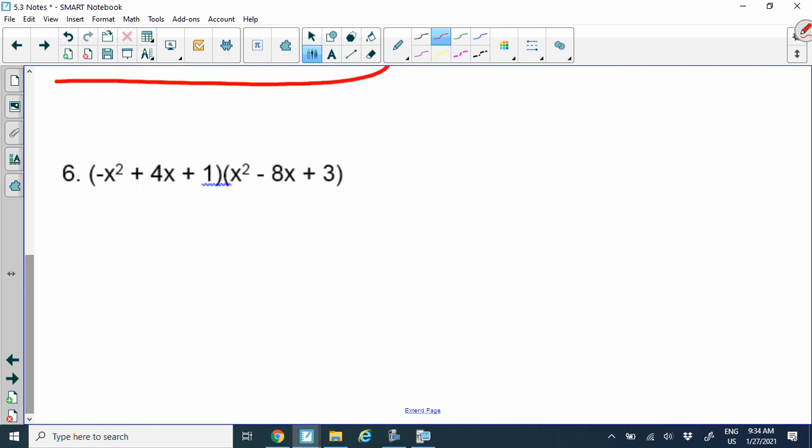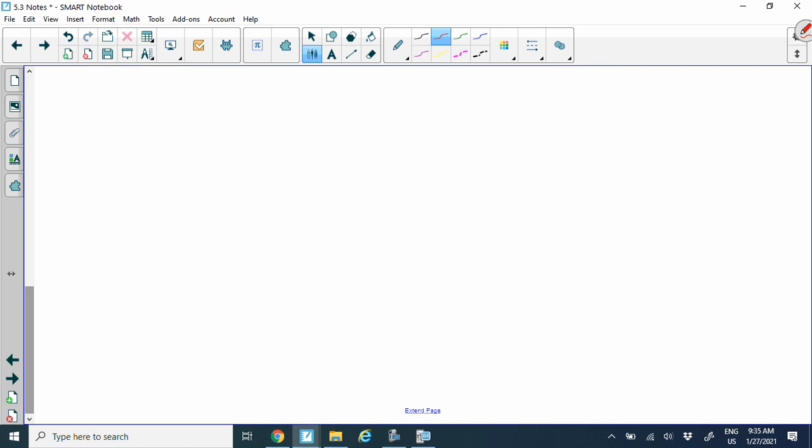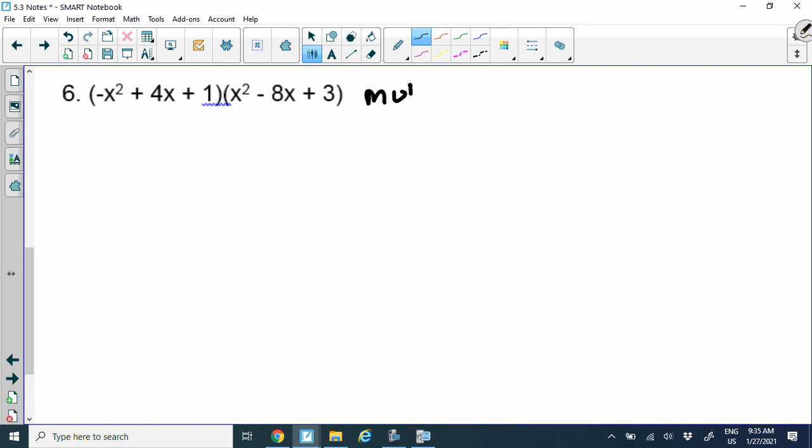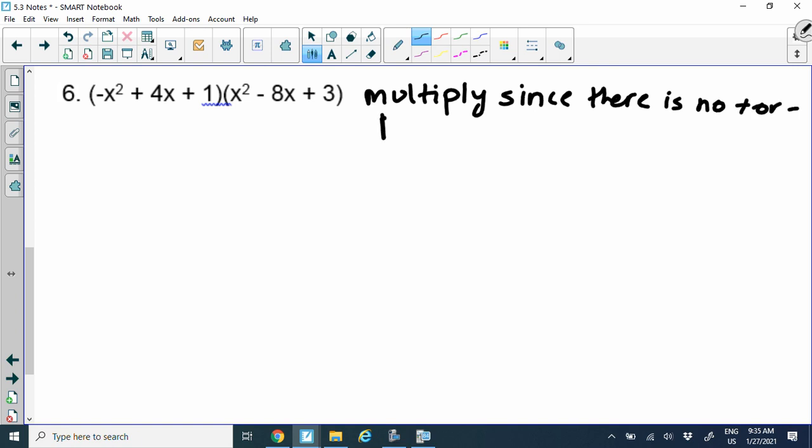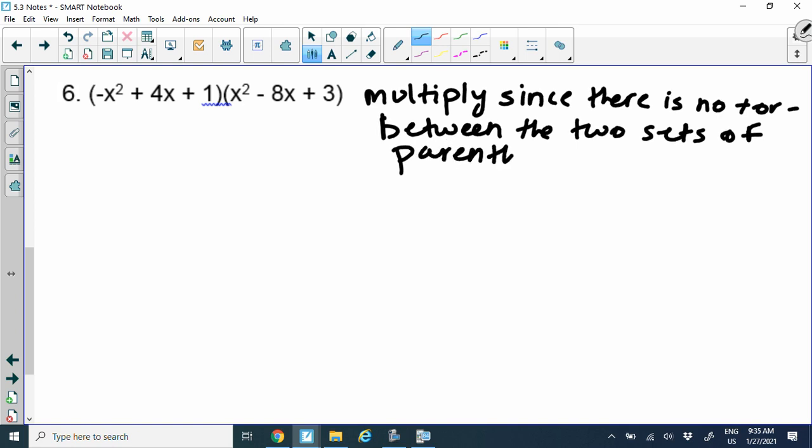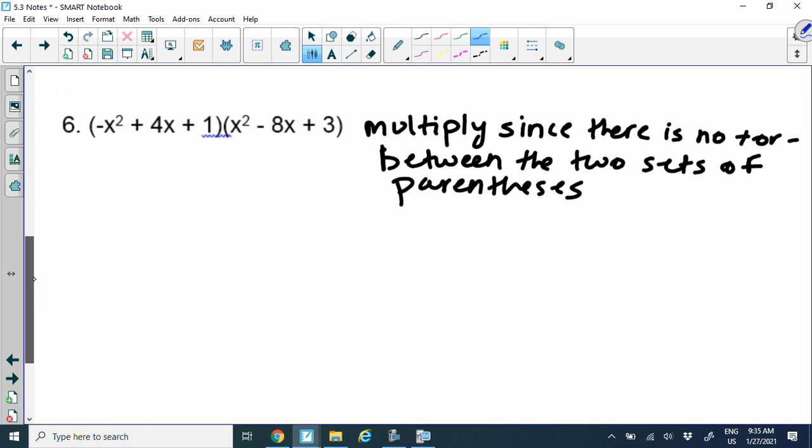Okay, let's see what you got here. So once again, notice we do not see an addition or subtraction sign in between the parentheses, so that means we're going to multiply, since there's no plus or minus in between the two sets of parentheses.